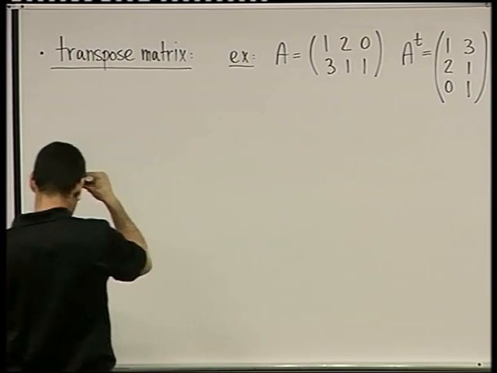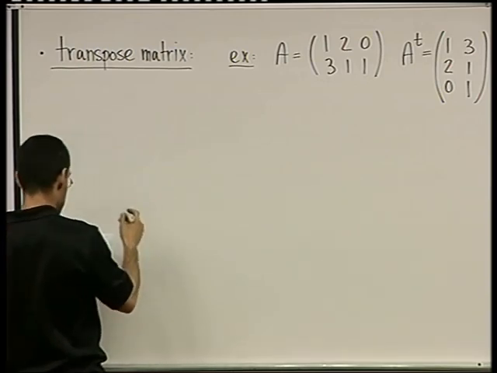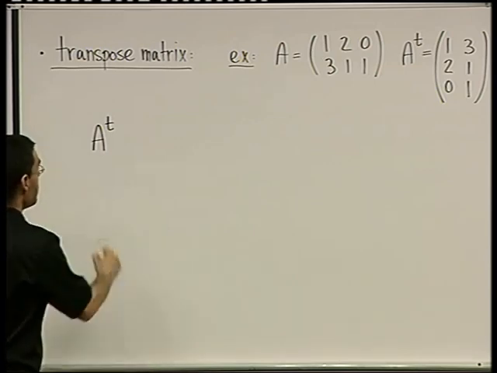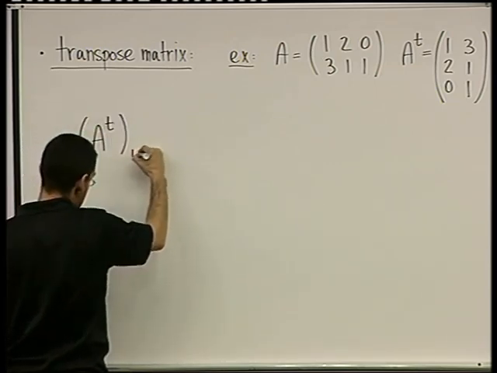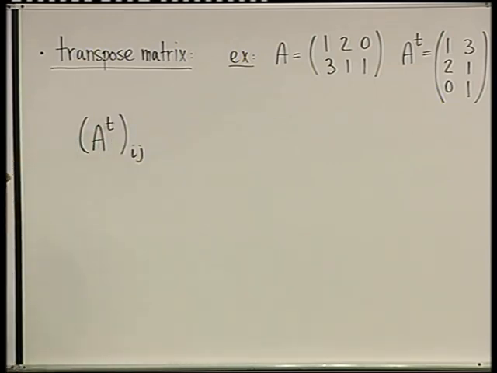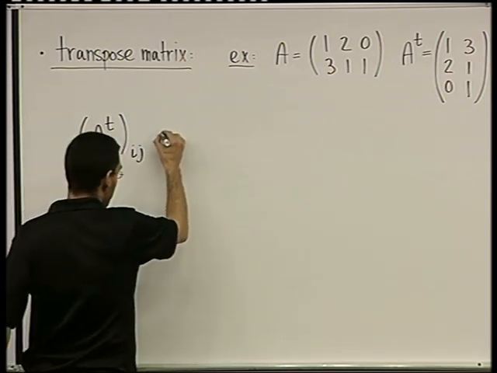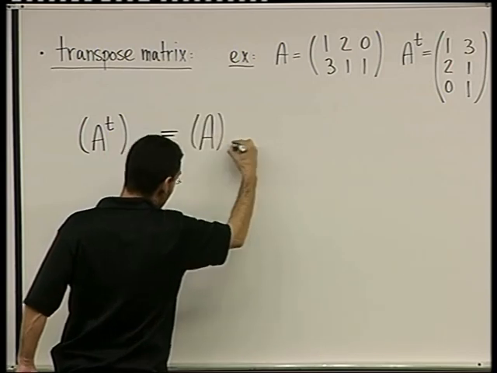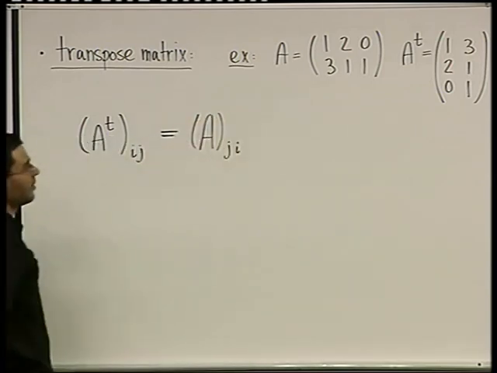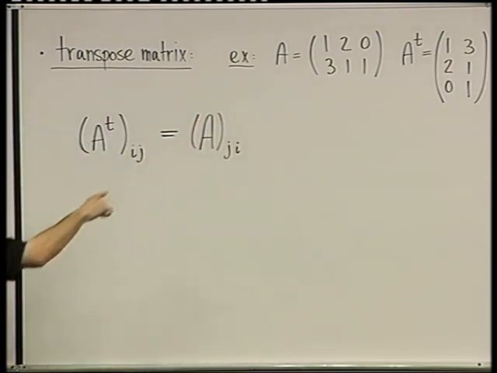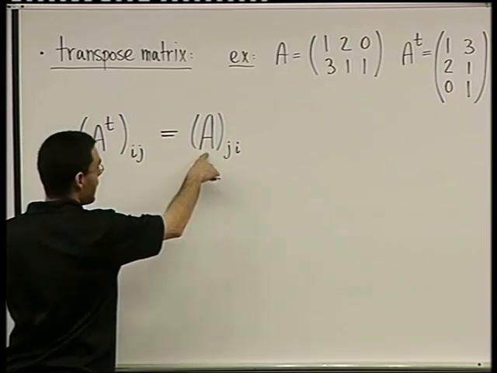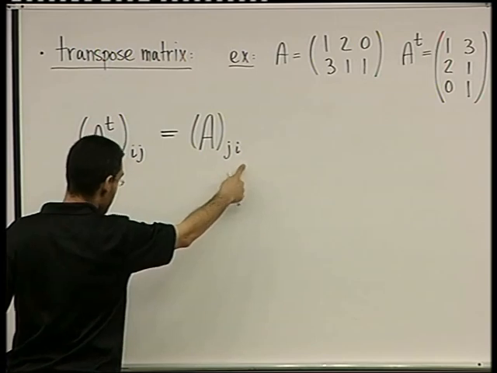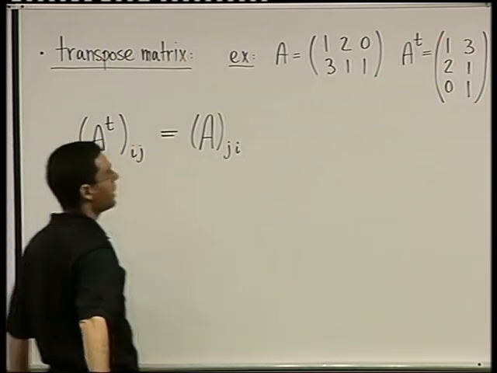How do we say it specifically? The ijth element of A transpose is defined to be the jith element of A. So given an element of A, we take the jith element as the ijth element of the transpose.